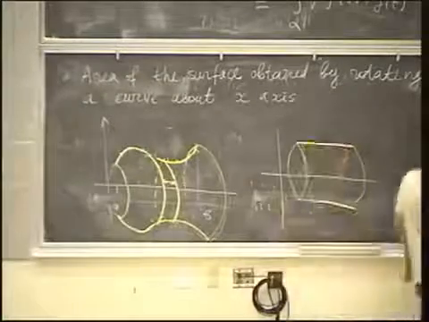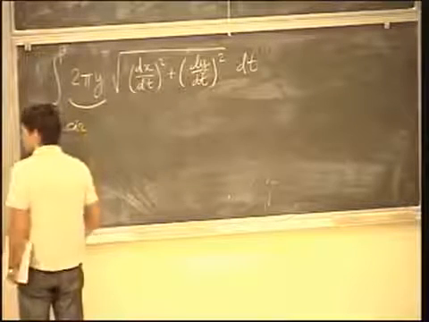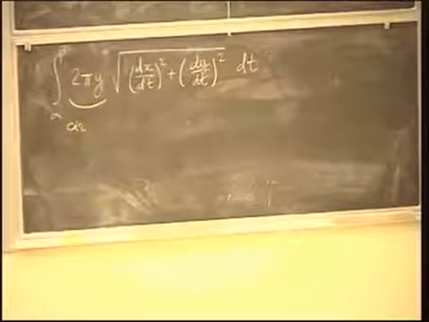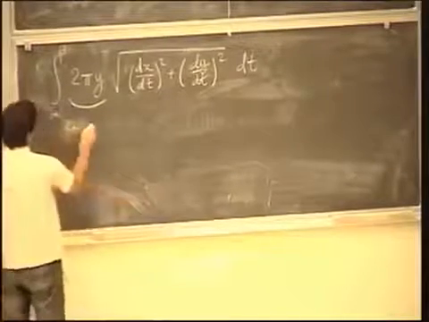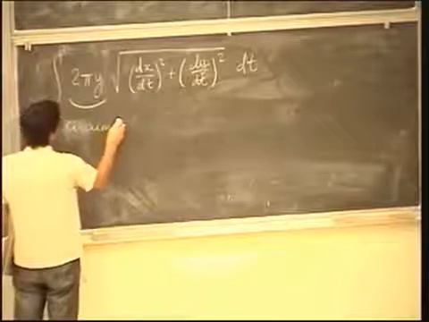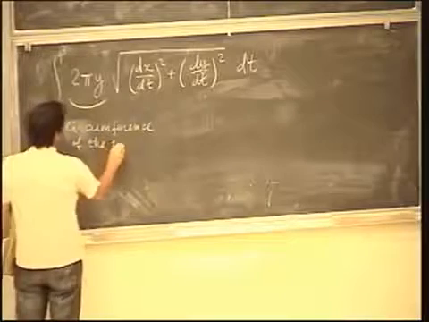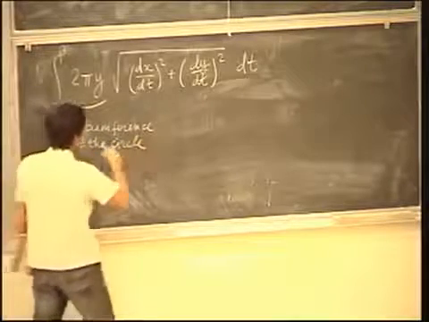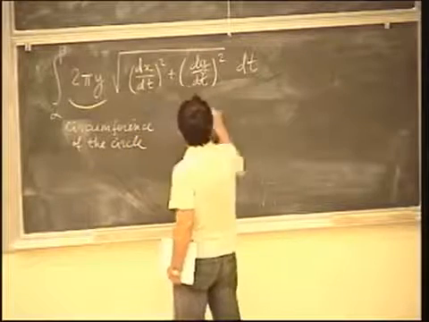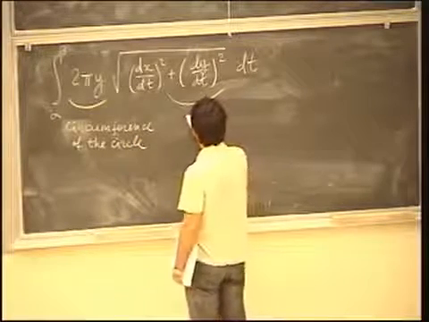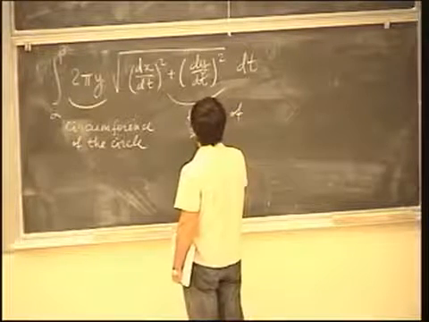So this part comes from the circumference of the circle. And this part comes from the arc length of the segment of the curve.